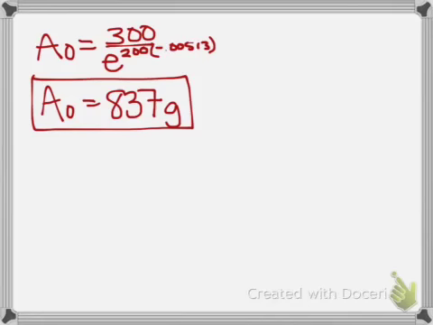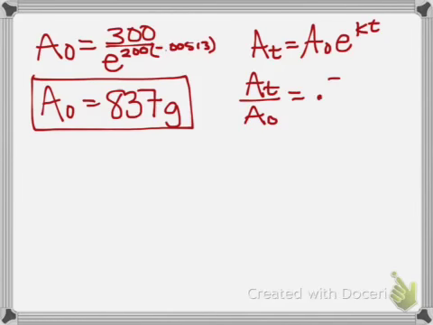Now we need to figure out the half-life. So we know our initial value was 837 grams, and we know that half-life is when it decreases and becomes half of what it was. So essentially, if we take the total and divide by the initial, we should end up with 0.5.